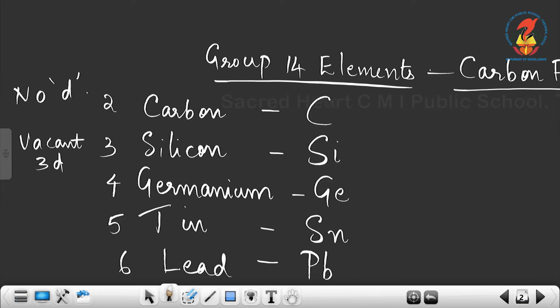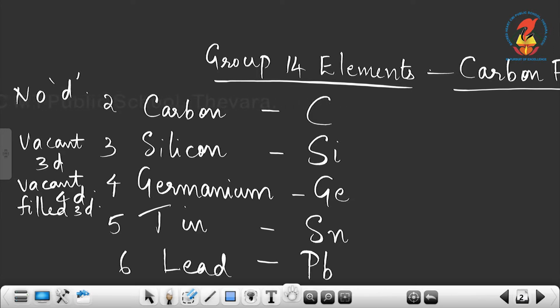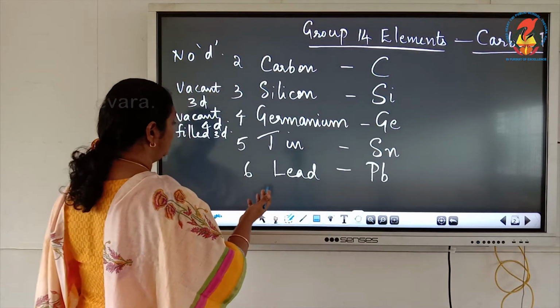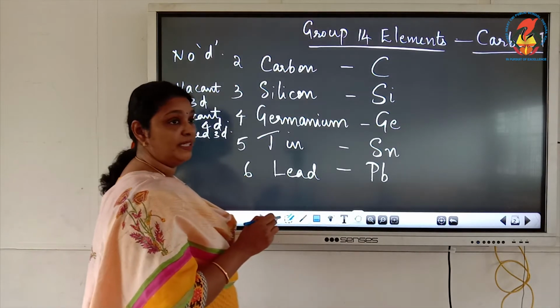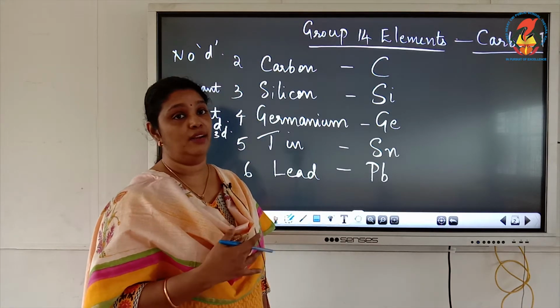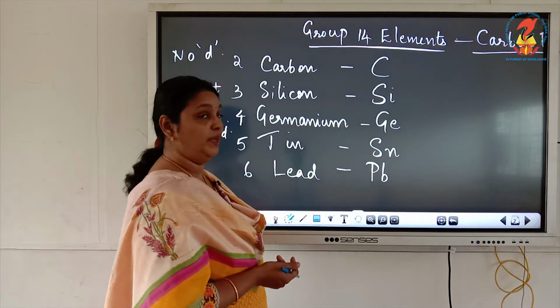In the fourth period we have vacant 4d orbital, but we have filled 3d. In the fifth period we have vacant 5d orbital but filled 3d and 4d, and in the sixth period we have vacant 6d orbital, whereas 3d, 4d, 5d and 4f orbitals are also filled.